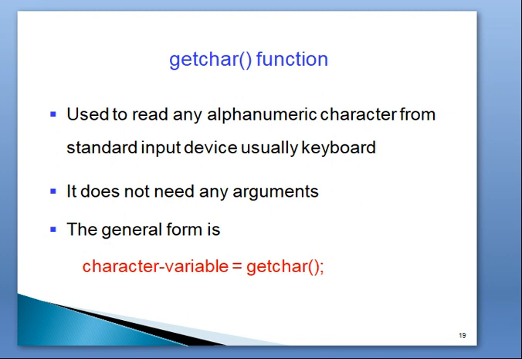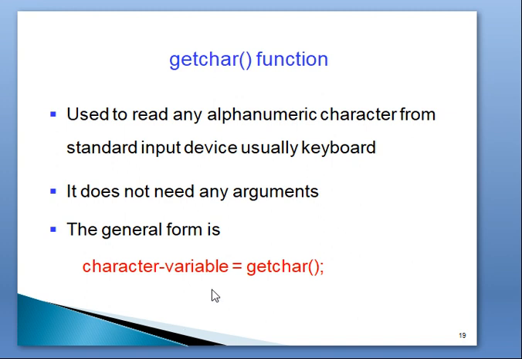The syntax or general form of the getchar function is: character variable is equal to getchar function. Observe this general form, the syntax of this function. We are using one character variable on the left hand side of the equal symbol and on the right hand side we are using the getchar function.